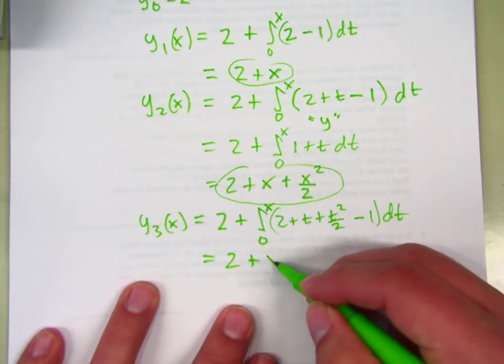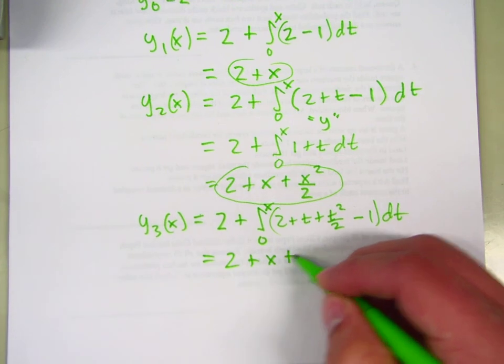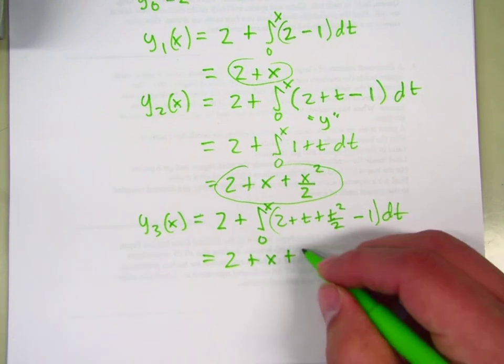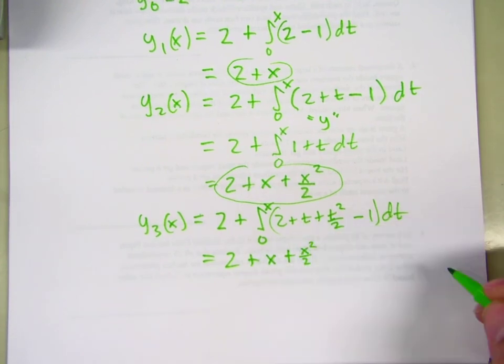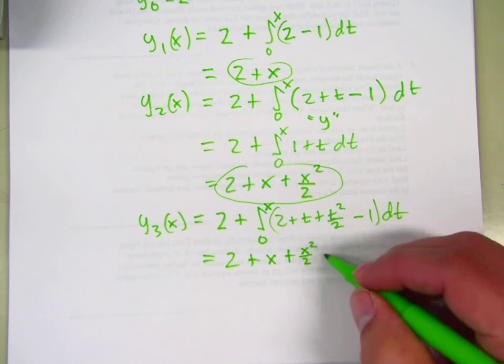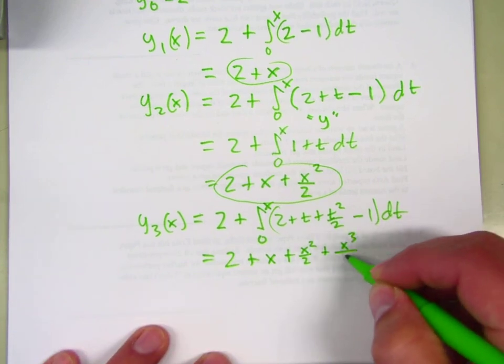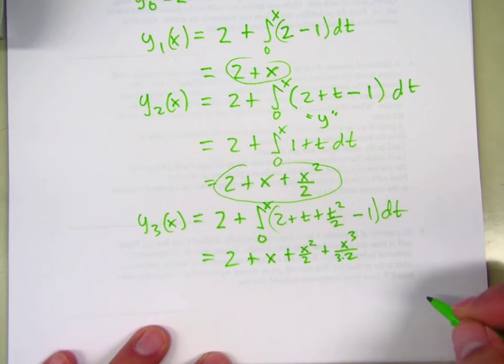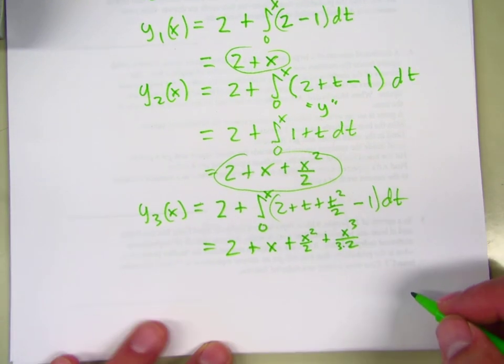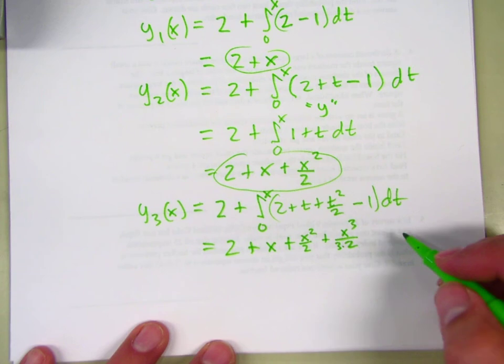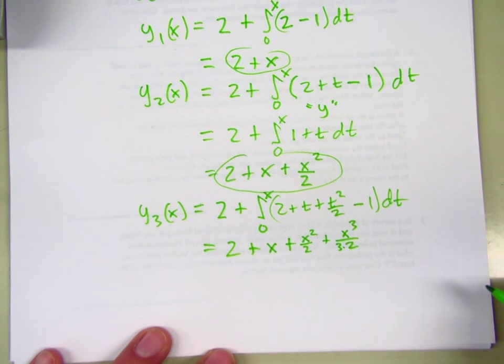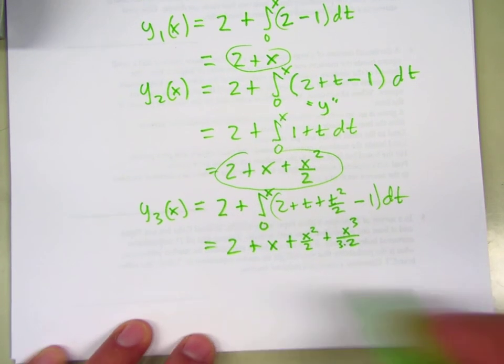That'll become just x. This t goes to 1/2 t squared, or x squared over 2 once you plug in the bounds there. And then this becomes x cubed over 2, but then also times 3. And I'm writing it in this fashion just so that we clearly see a pattern here, because one is going to emerge, okay?